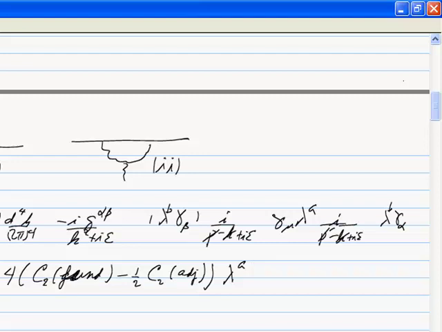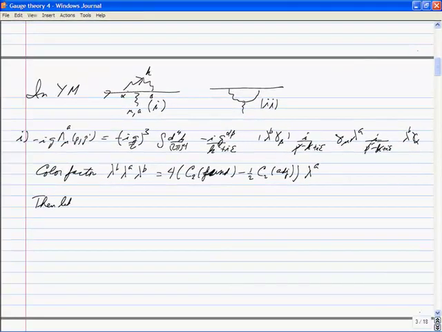Okay, that's really the only interesting feature here to point out. The rest is like QED. It's the same calculation identically. I end up with then minus ig lambda A mu goes as, actually there is one more thing I want to point out.